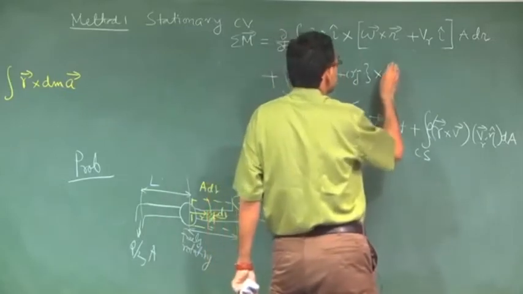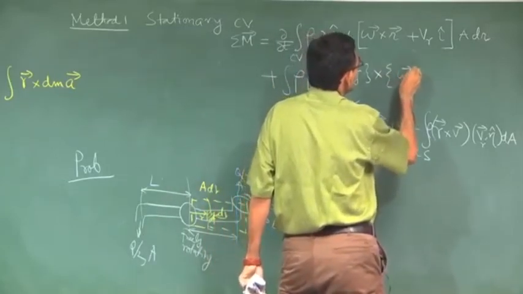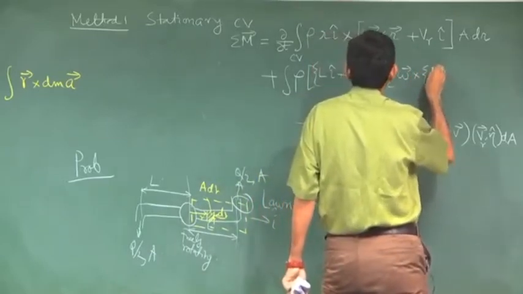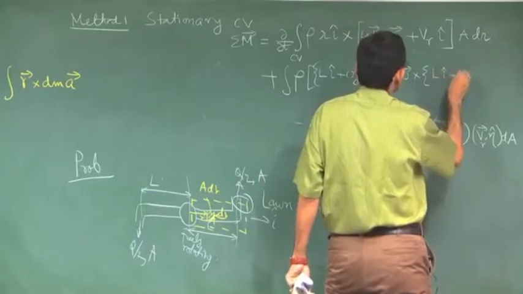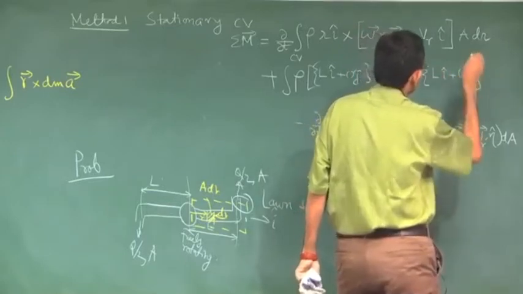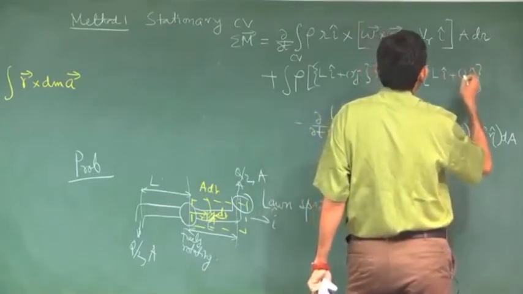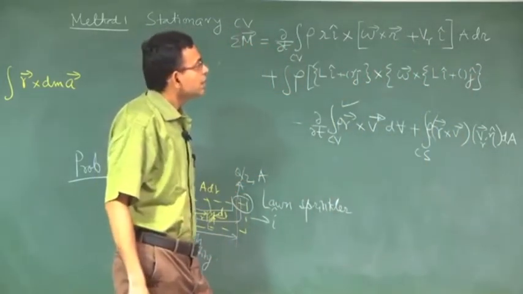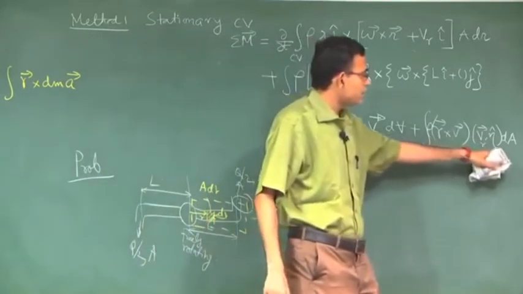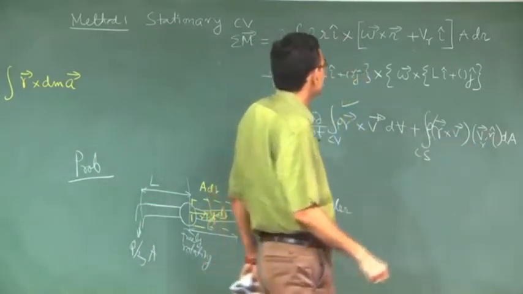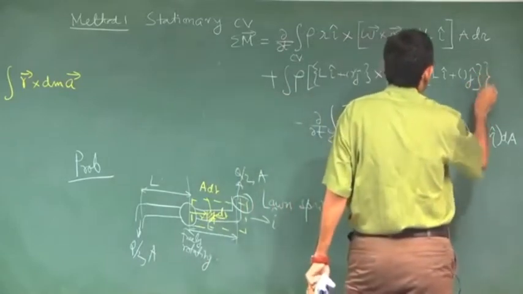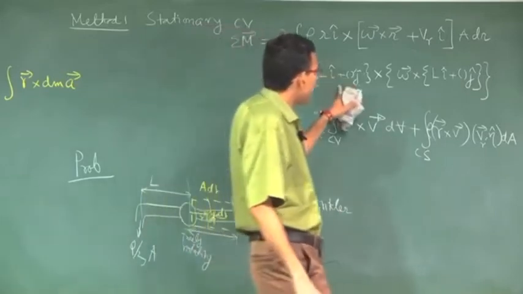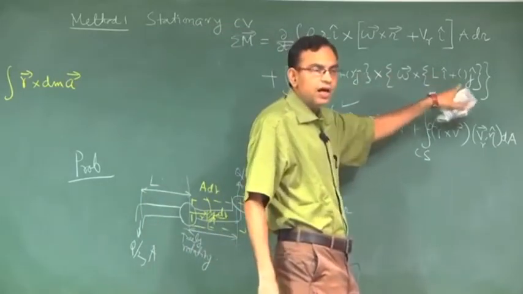V is then Vr dot eta dA. So we have written r cross v, then Vr dot eta dA.